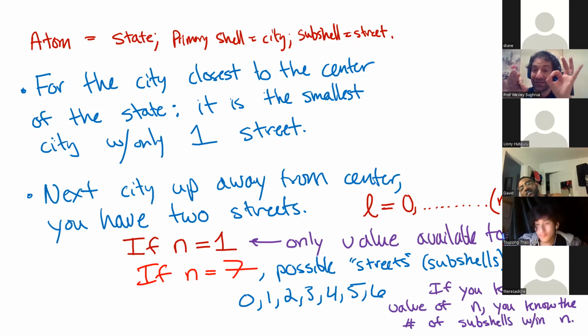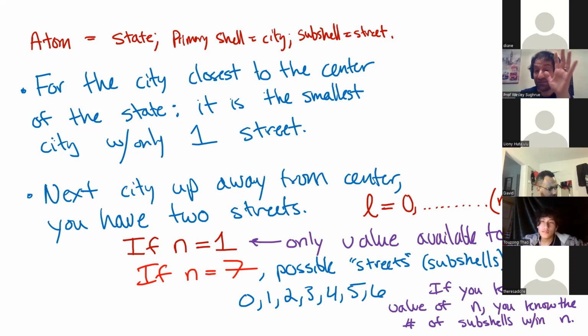The value of the subshell can be less than the value of n, but if you were counting how many subshells were available within that primary shell, the number available will always be equal to the value of n. Does that make sense? Yes. Okay.